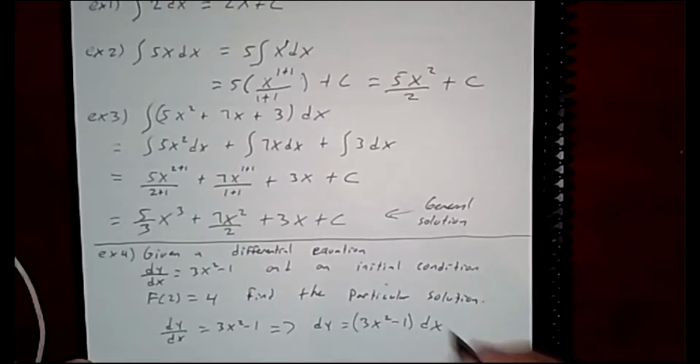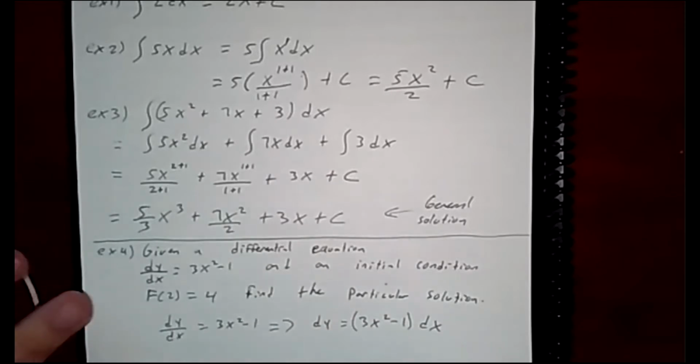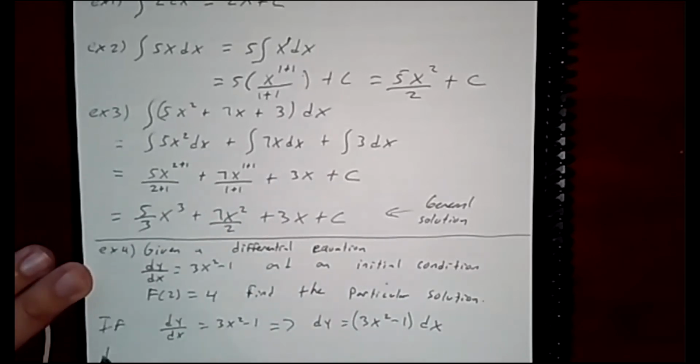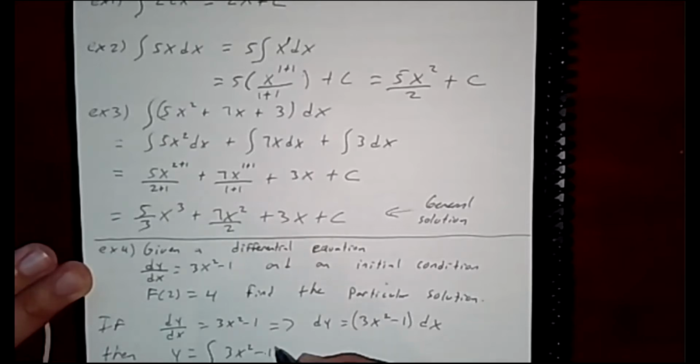Remember how we said you can multiply the dx over? So if this is true, then y is equal to the integral of 3x squared minus 1 dx.